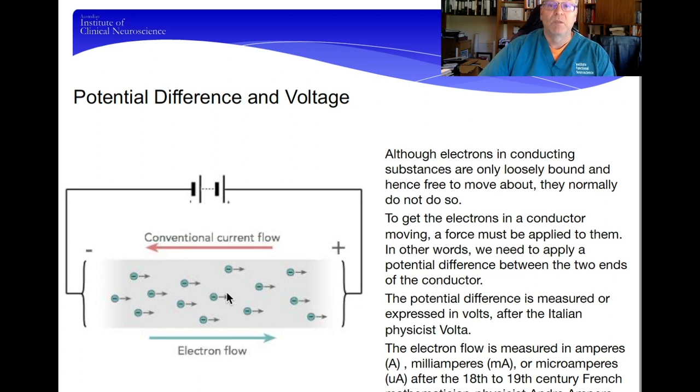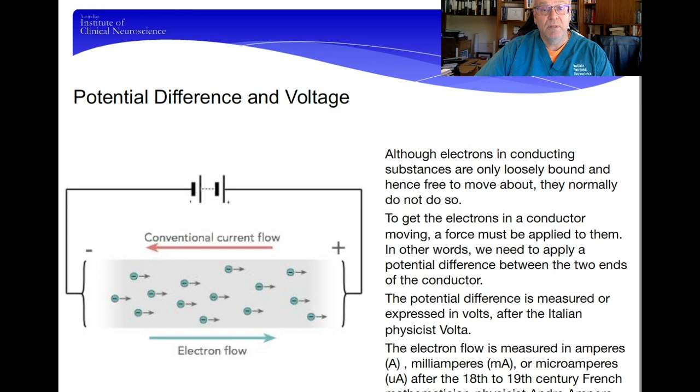Just to review one more time, we have a potential difference applied through some kind of device like a battery, and that device provides a differential from one side to the other. That potential difference encourages electron flow from the negative cathode to the positive anode, and that electron flow produces a current from the anode to the cathode.